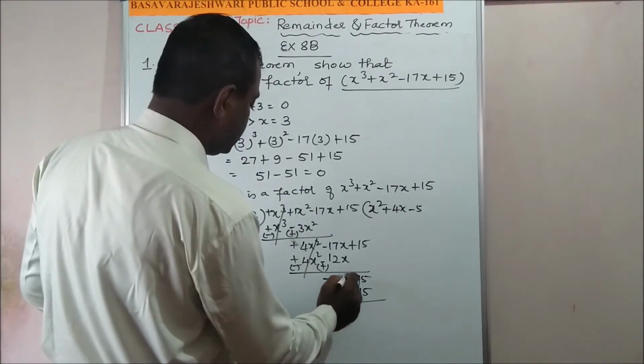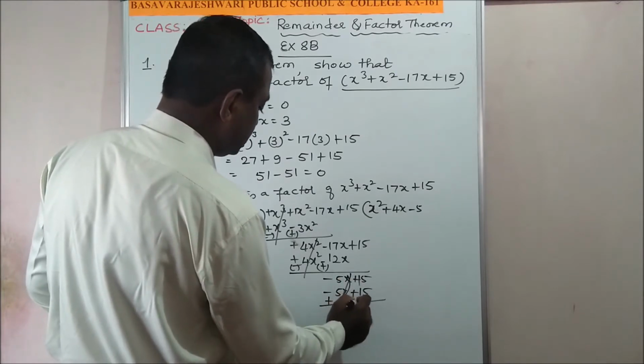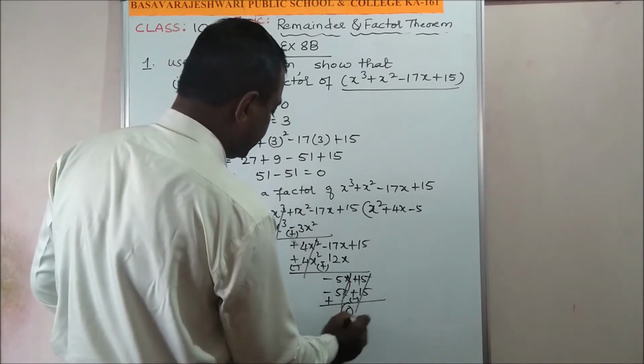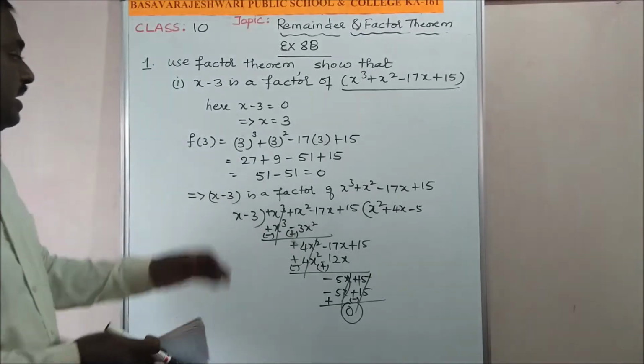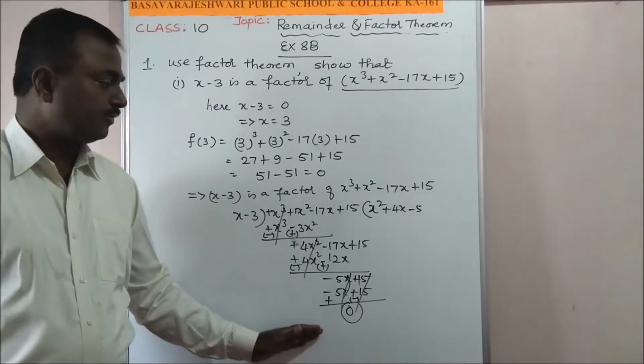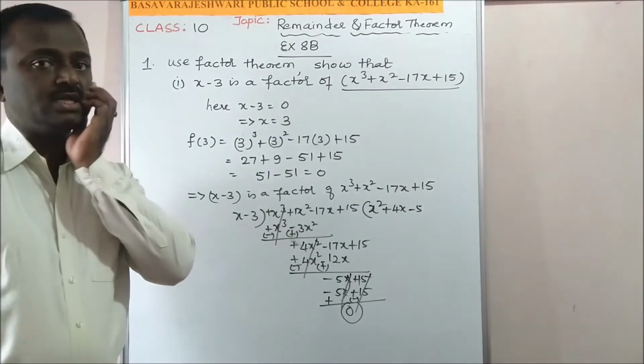The terms cancel and the remainder is 0. So x minus 3 is a factor of the given polynomial.